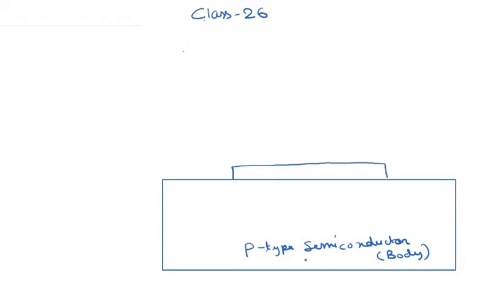And if this p-type semiconductor is basically silicon, then this oxide is going to be silicon dioxide.